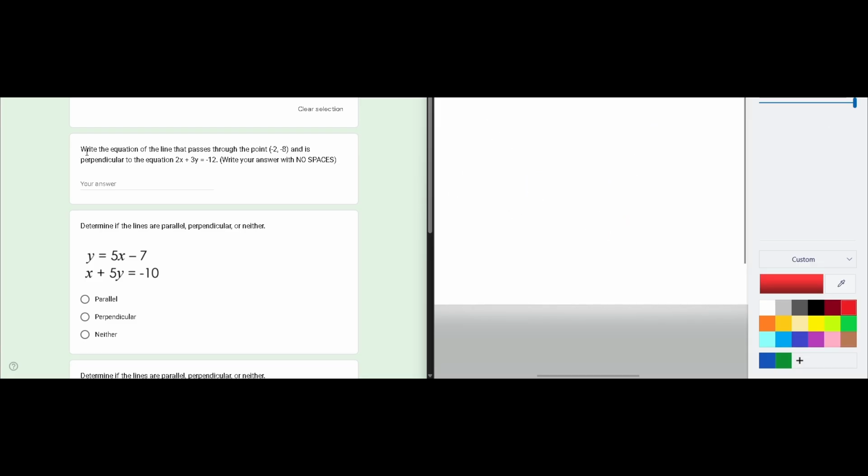Our second question is asking us to write an equation that passes through the point (-2, -8) and is perpendicular to the equation 2x plus 3y equals -12.